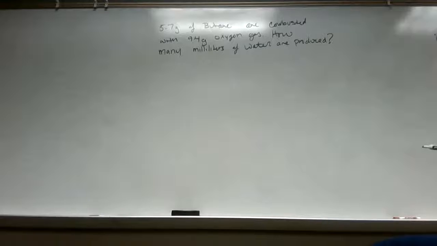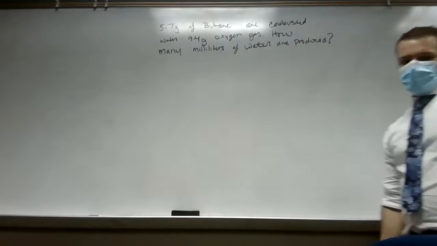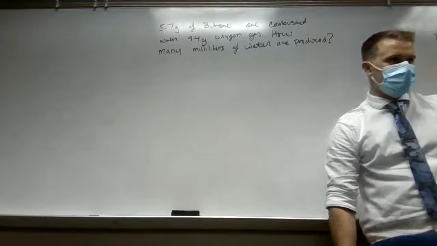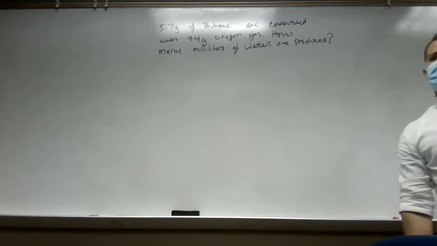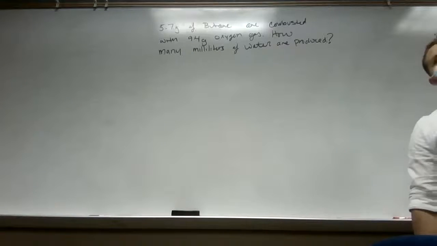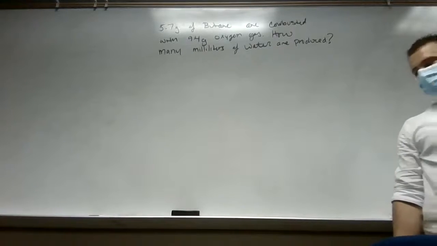All right. So 5.7 grams of butane are combusted with 9.4 grams of oxygen gas. How many milliliters of water are produced? Anybody want to take a stab at what we're going to do first? Anybody that was here Tuesday should know the first two steps you should always do.